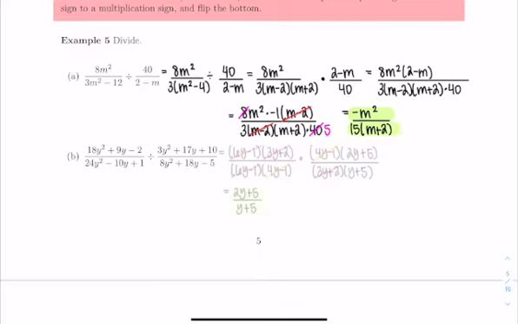Let's go ahead and try one more. We need to factor this all out. So 18y squared plus 9y minus 2 can be factored as 6y minus 1 times 3y plus 2.